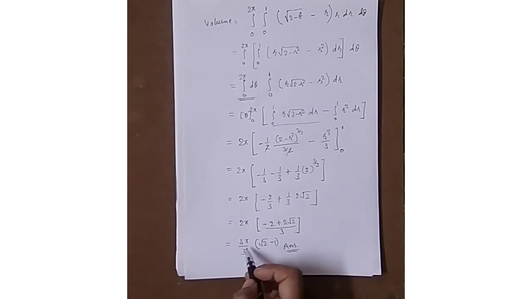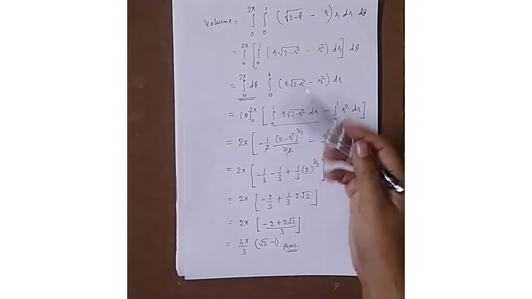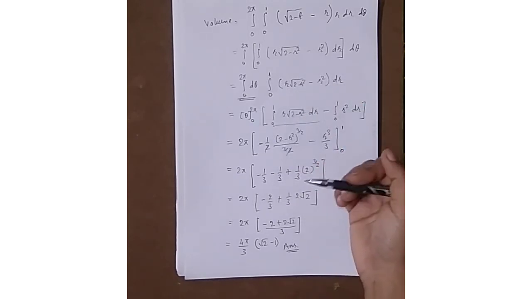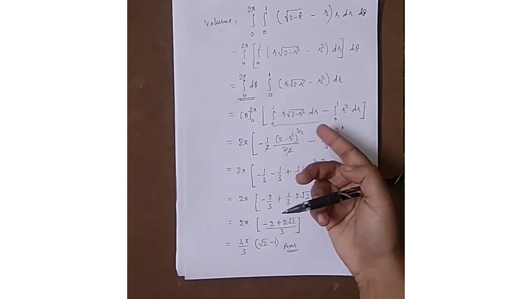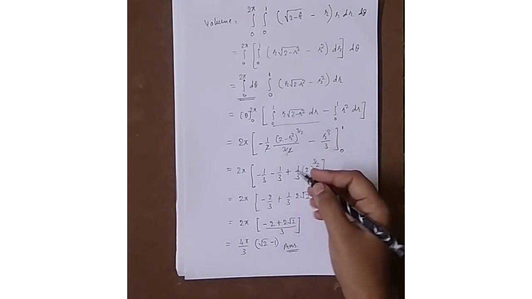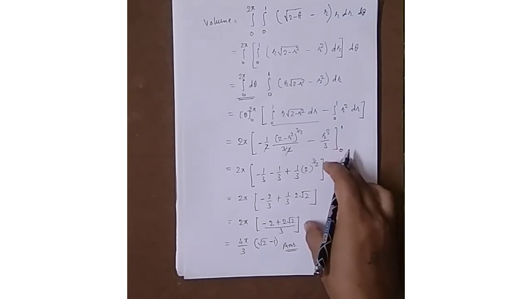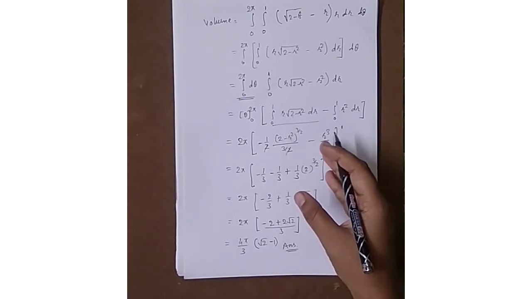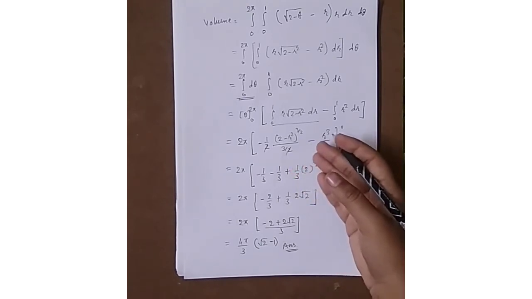This is the volume enclosed by the given surfaces. The given surfaces are two, that is one is a sphere and another one is a cone. So in this lecture we have seen the application of change of variable by Jacobian.